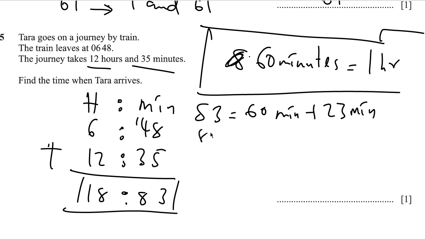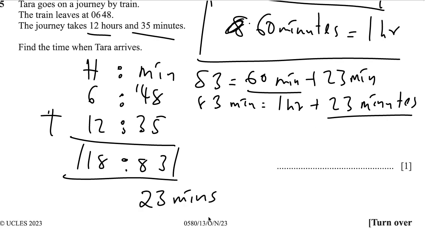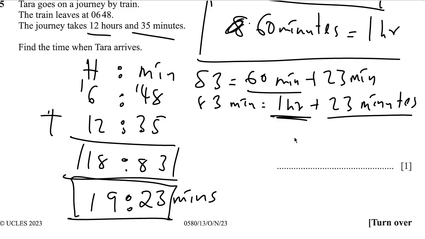So 83 minutes is equal to 1 hour plus 23 minutes. So we write 23 minutes over here and then carry over the 1 hour to the hours place. You add 1 to the hours place, so 1 plus 6 is 7, 7 plus 12 is 19. So this is the correct answer. That's 19:23.